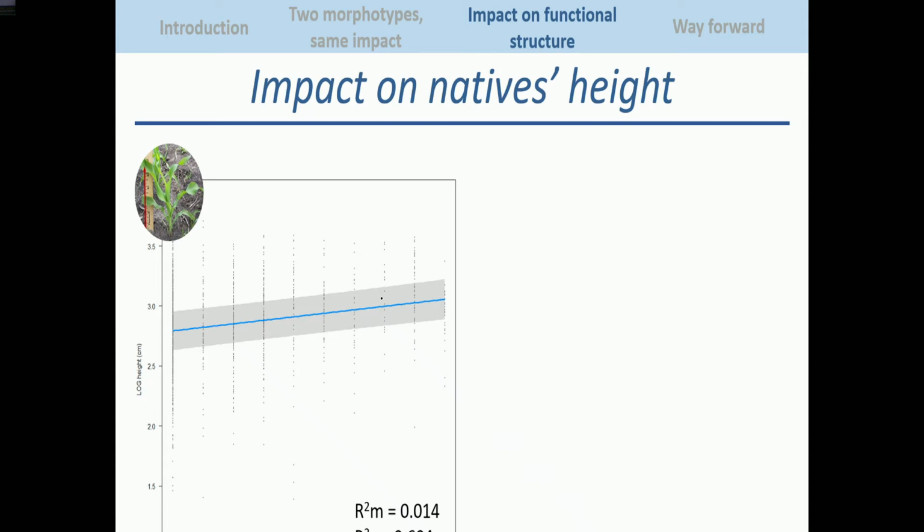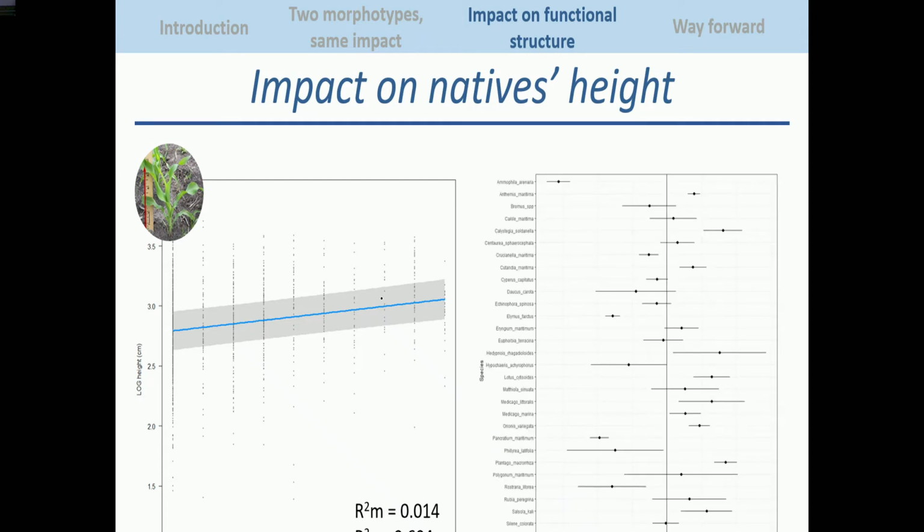So individuals tended to be higher across all species whenever they were coexisting with Carpobrotus, and also whenever the Carpobrotus invasion was stronger, let's say, or the cover of Carpobrotus was bigger on the plot. There was, of course, some variability between the species.